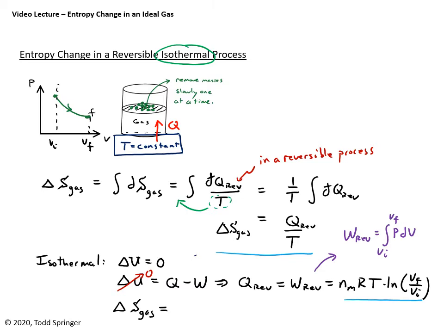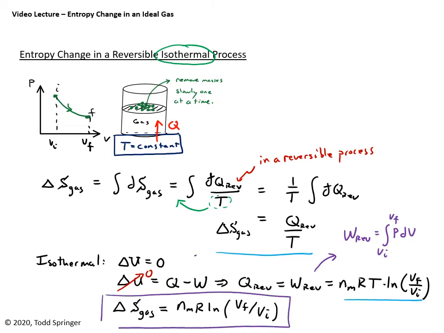It's just going to be this same formula that we have down here for Q, but divided by T. So it's going to be nMR natural log Vf over Vi. So there's our formula for the entropy change of the gas in an isothermal process.